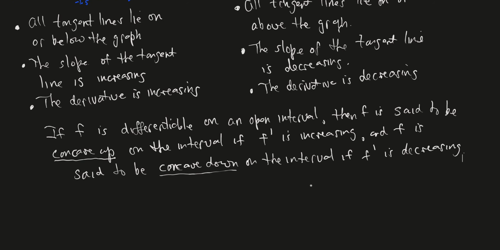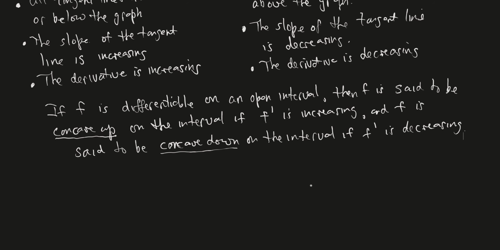That's good, but let's do some more translations, because we now know what it means for a function to be increasing. So if f prime is increasing, remember what it means for a function to be increasing: its derivative must be positive.